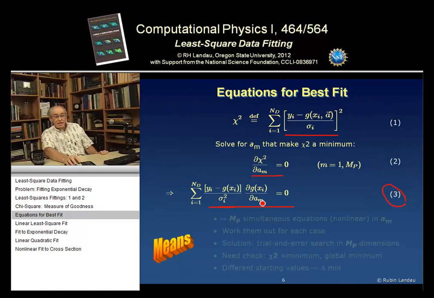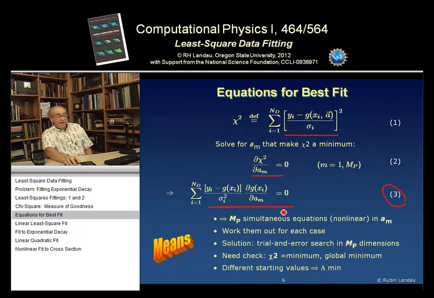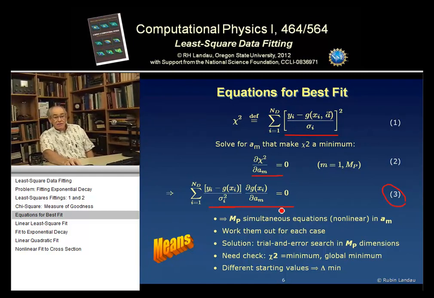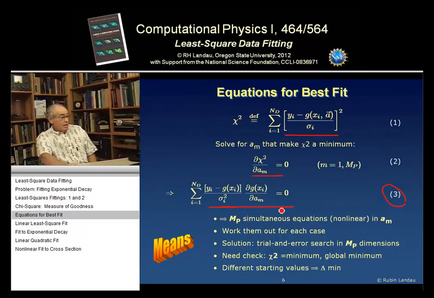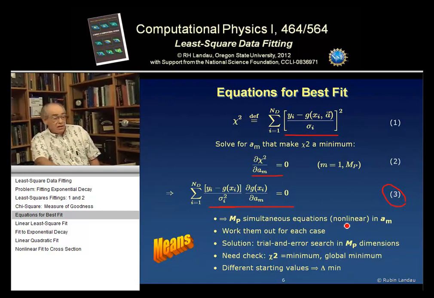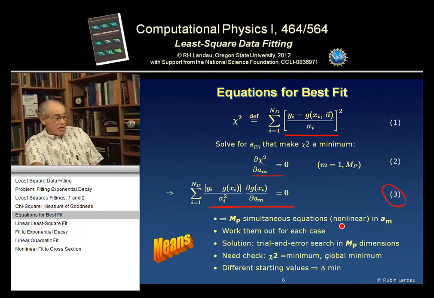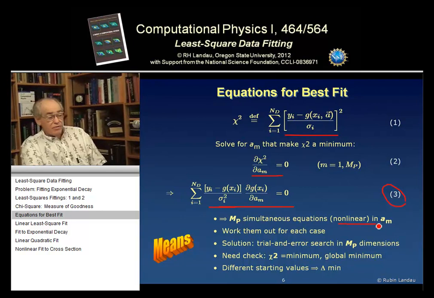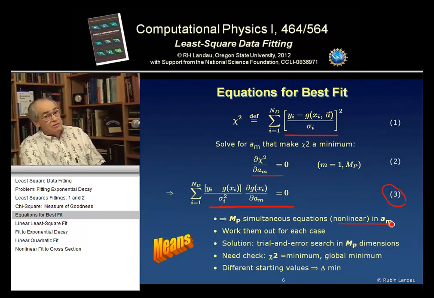Okay, so what does that mean? That means that in general we have m sub p, where m sub p is the number of parameters, simultaneous equations to solve. There's no reason, unless you have very simple forms of the theory, for these equations to be linear in the parameters. So in general we have a whole bunch of nonlinear equations to solve.